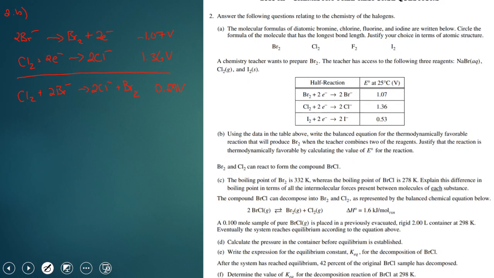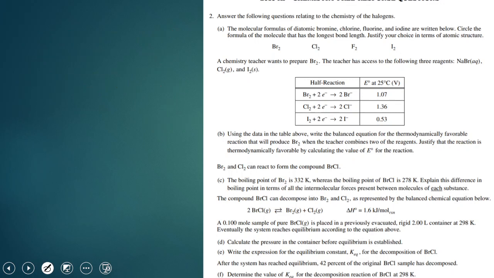And so, yes, I believe I did that math right. And because our E is positive, so if it's greater than 0, we prove that it's favorable with these two half reactions above.